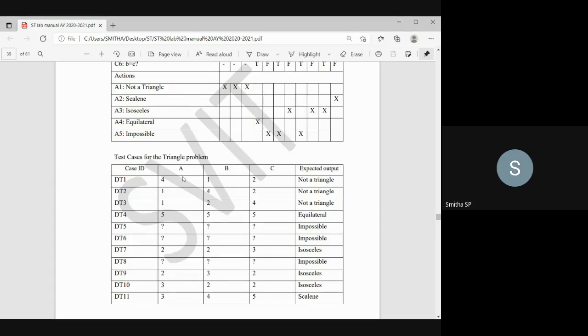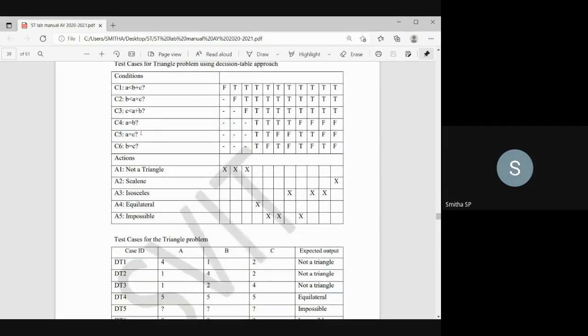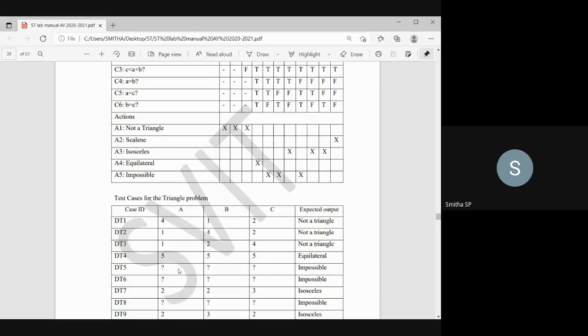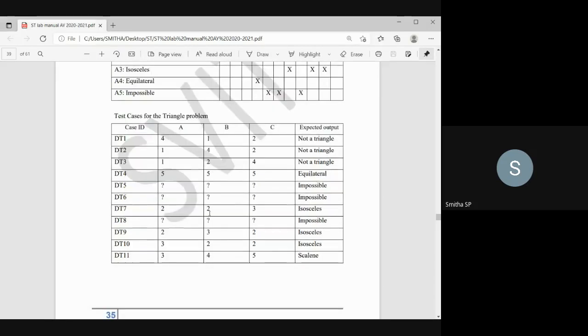How they derived these test cases, you know, is based on these conditions, A is equals to B, A is equals to C. So see how the entries have been made here. Likewise, you are supposed to write the test cases. I'll tell you about the impossible conditions, why they have not made entries for the three sides with respect to the impossible action.